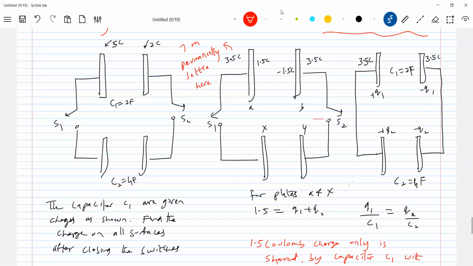Even if I connect this to a cell, the cell cannot disturb this 3.5. So either you connect this capacitor to the resistor, to another capacitor, or to the cell, this will not get disturbed.